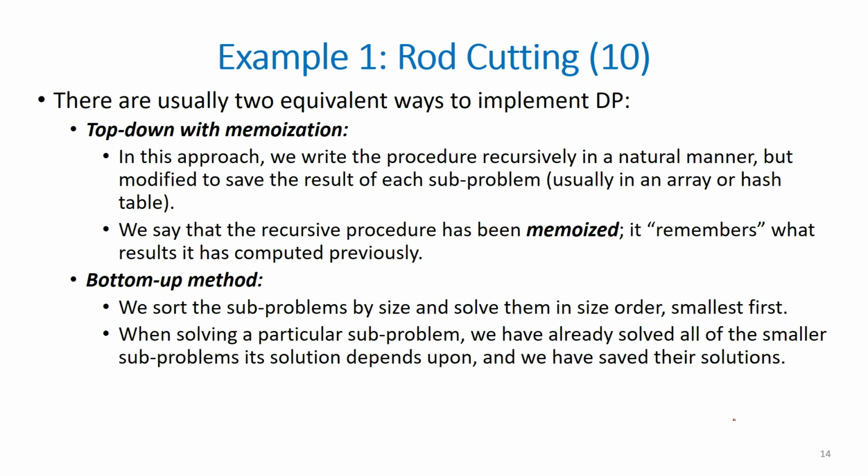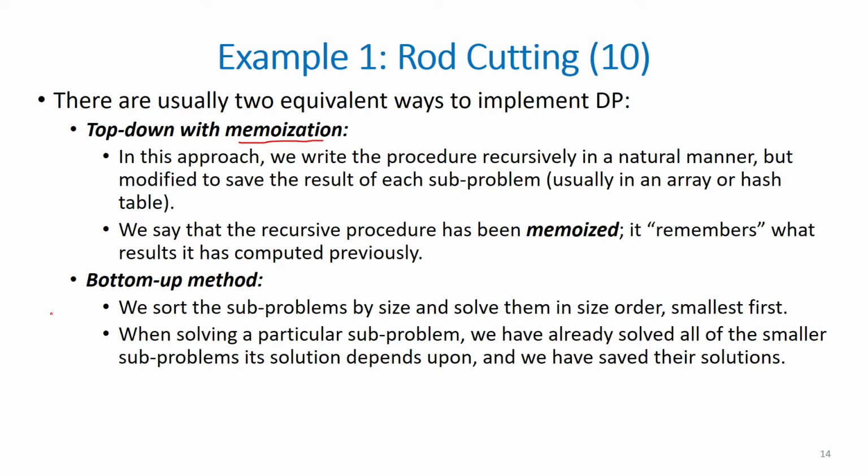There are two ways to accomplish this using DP. The first is modifying the same top-down approach by including the capability to store the solutions of subproblems. This is known as memoization. So when we say that the recursive procedure has been memoized, it means that the results of the subproblems have been saved in a table and the procedure can access these results that have been computed earlier for future use.